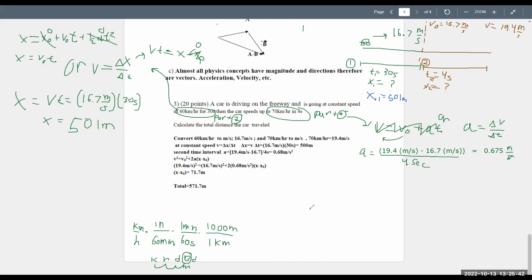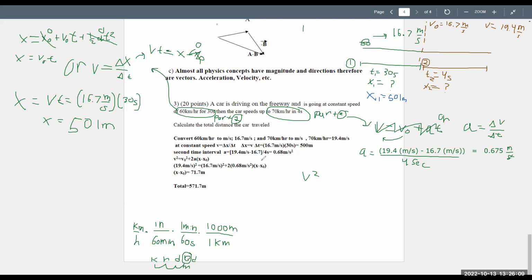And then from there, she uses this one. That's probably the best one to use. You could also use this one using the X naught and your V naught, but this one's probably easiest. So then we use the V squared. Actually, no, they'll probably be about the same in difficulty.